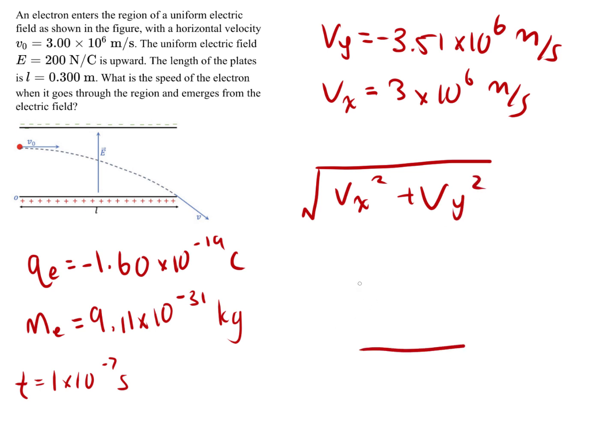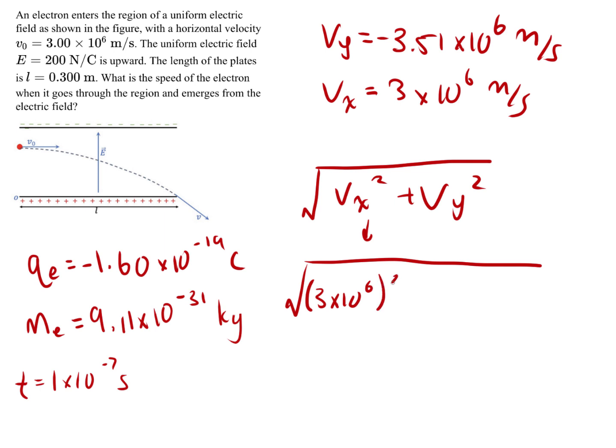You have an x component, you have a y component, so the total speed will be the hypotenuse. So now all we need to do is just simply plug everything in. So we get that it is equal to the square root of 3 times 10 to the 6 meters per second squared plus minus 3.51 times 10 to the 6 squared, and square root that whole thing.